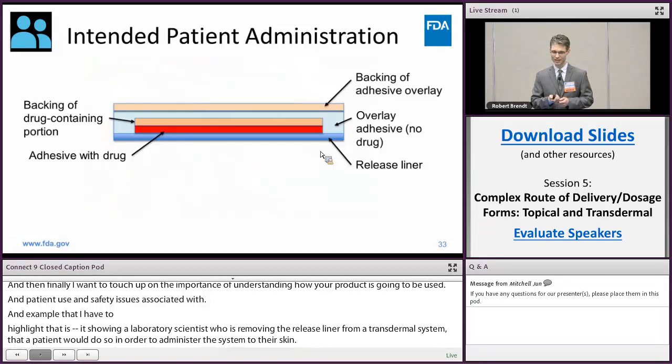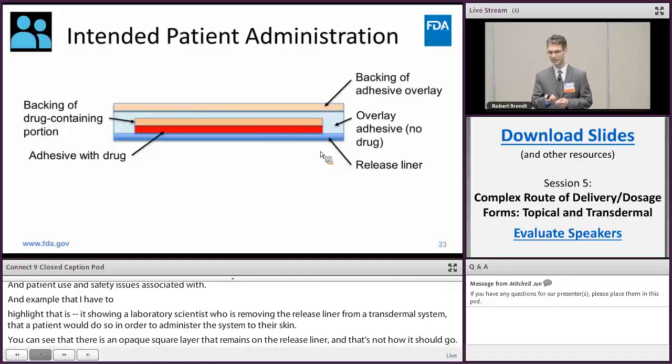So as just a schematic to explain what was seen in the video, the red layer is the active portion of the TDS, and the blue layer at the bottom is the release liner that's removed by the patient prior to administration.